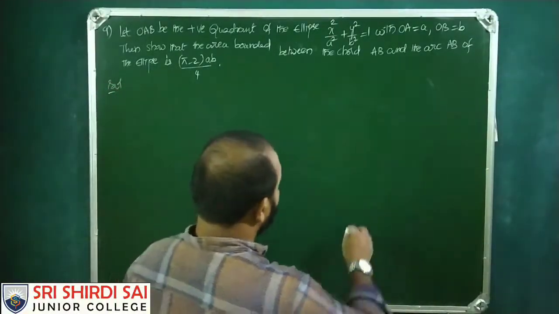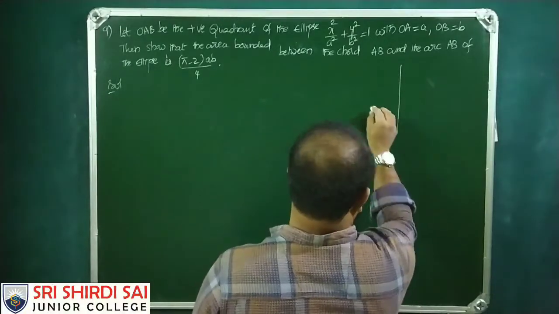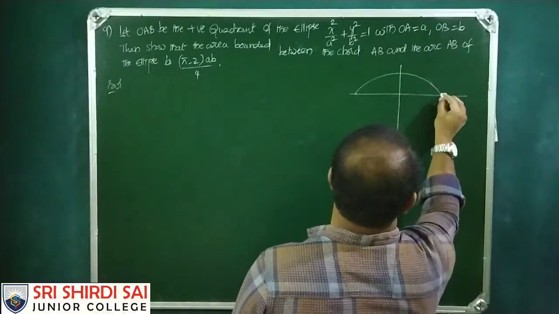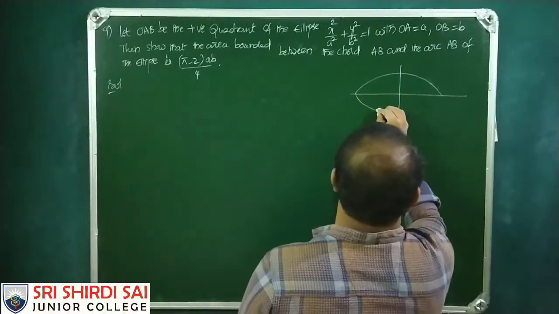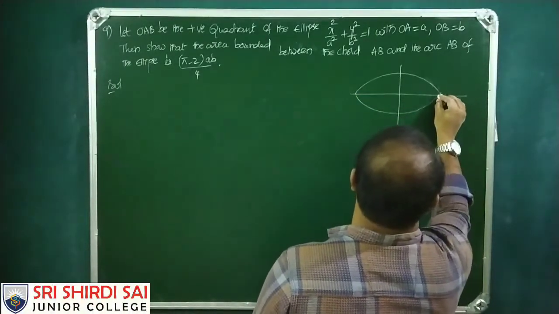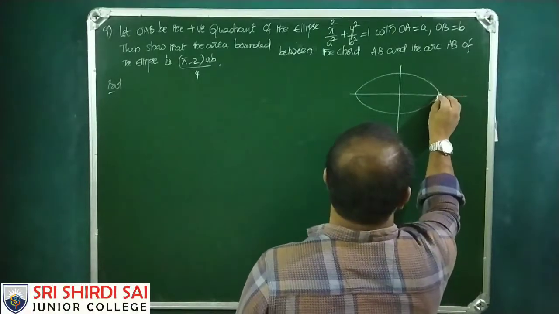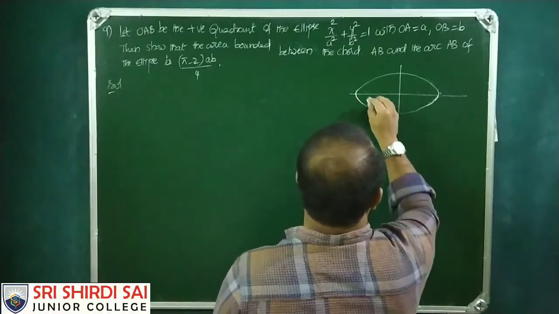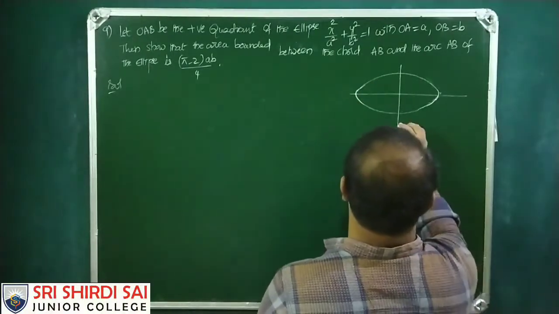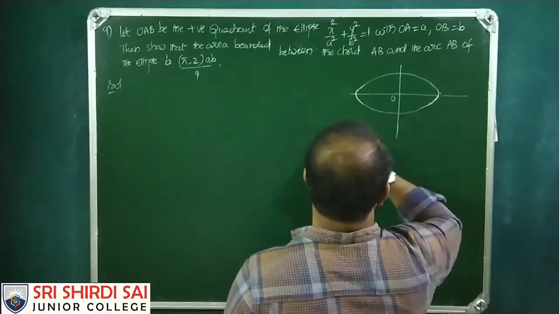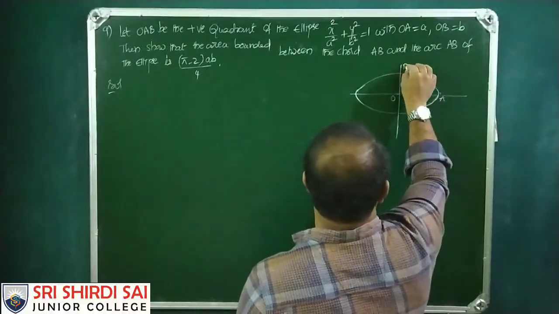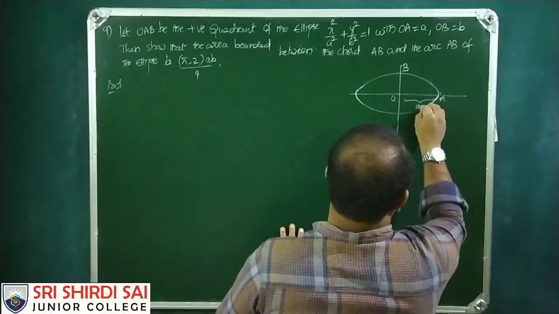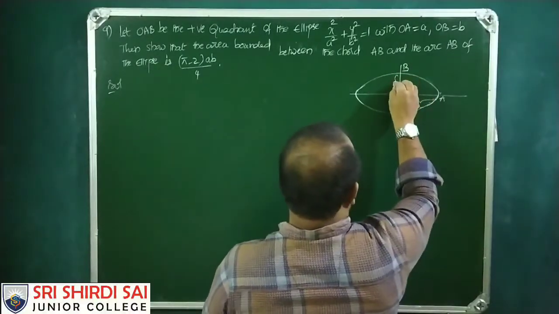So let us suppose that this is the ellipse. This is O, A, B. Given that OA is equal to a, this is a, and this is OB equal to b.